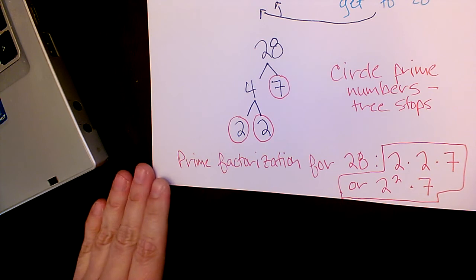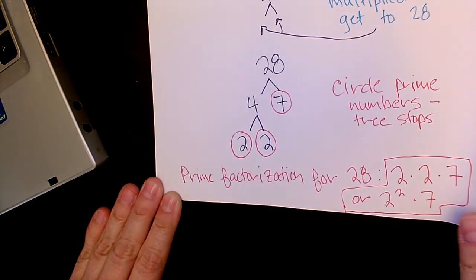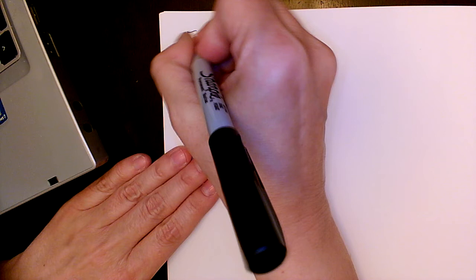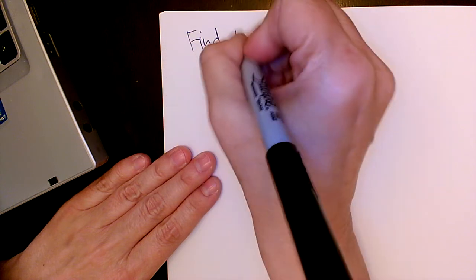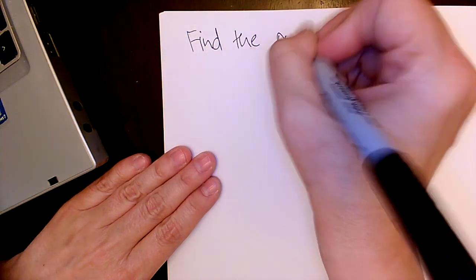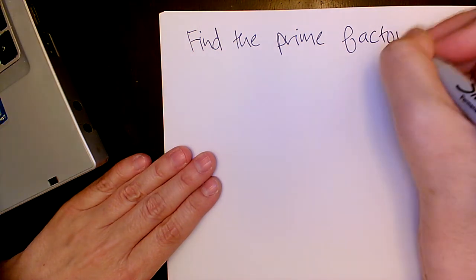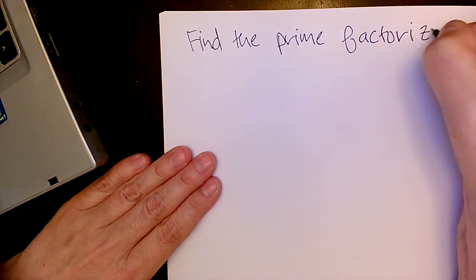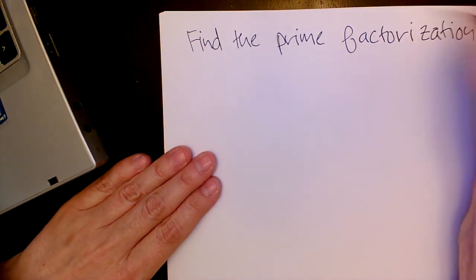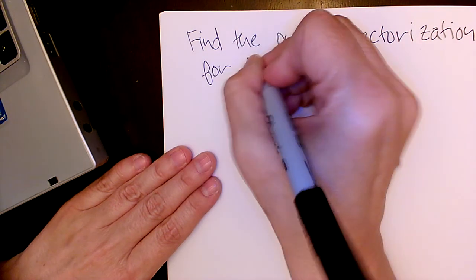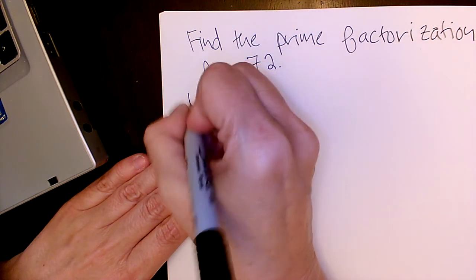Let's go a little bit harder. We're going to find the prime factorization for 72.